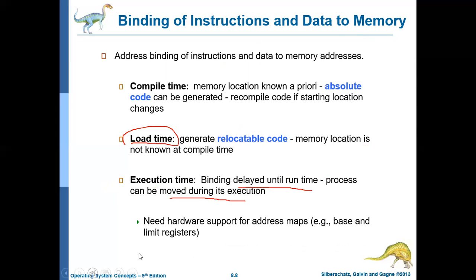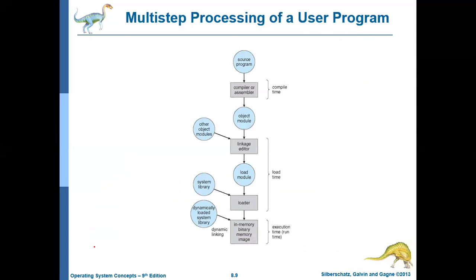So this particular diagram shows a brief overview of the process execution. Here is the source program, then it is compiled or assembled. After compiling, it is converted to object code.